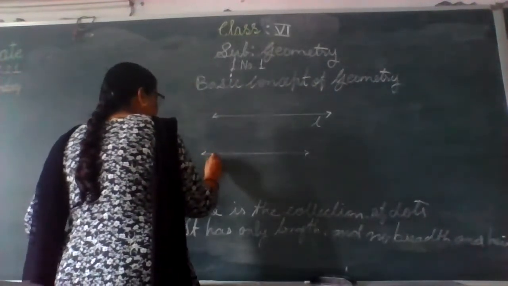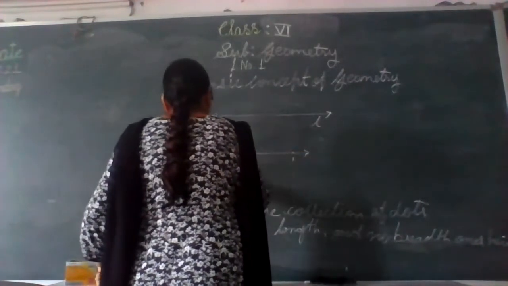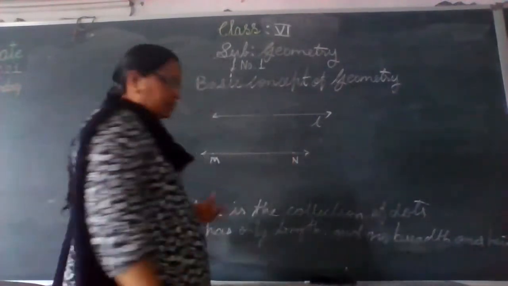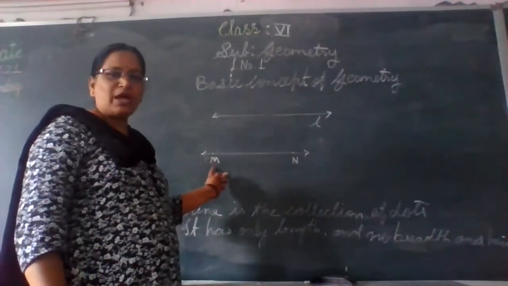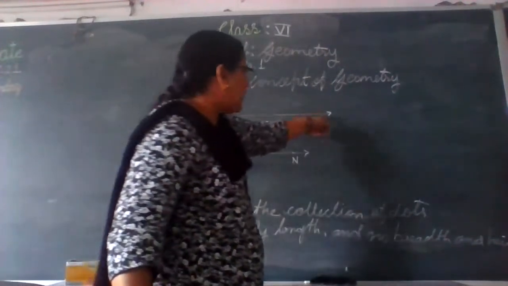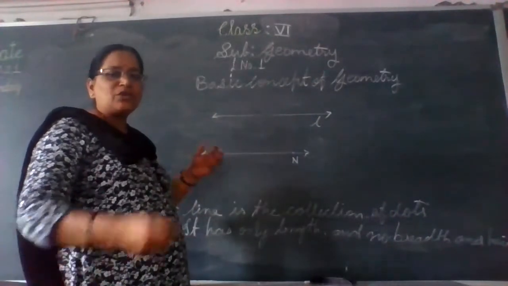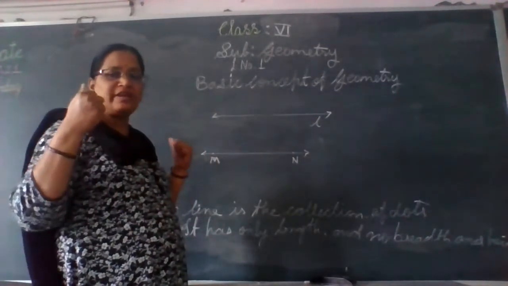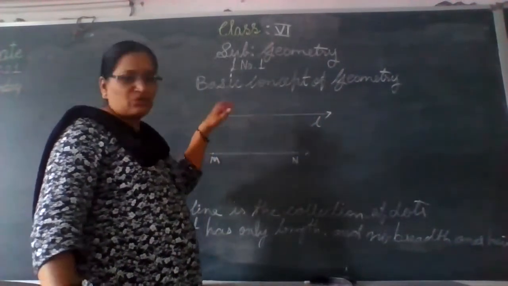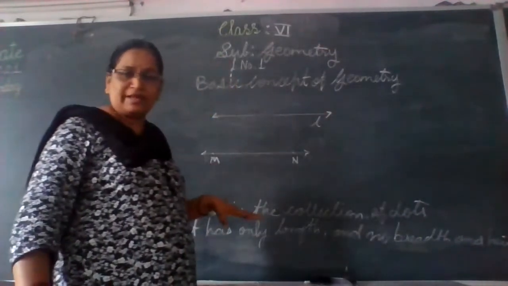So these are the 2 dots, M and N. So that time you have to use capital letters. Got it, beta? Now see these 2 arrowheads. What is the meaning of this arrowhead? It means that you can extend the line infinitely in both the directions. That's why you have to write the arrowhead on the 2 ends of a line.